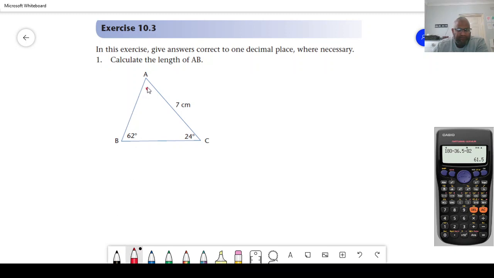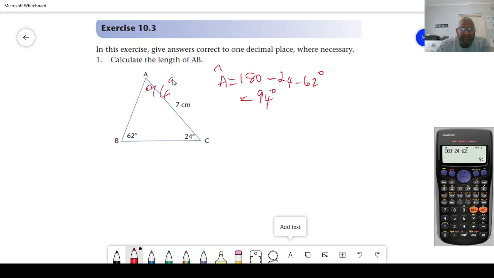So angle A is going to be 180 degrees minus 24 minus 62 degrees, which gives you 94 degrees. So I've populated the diagram there.